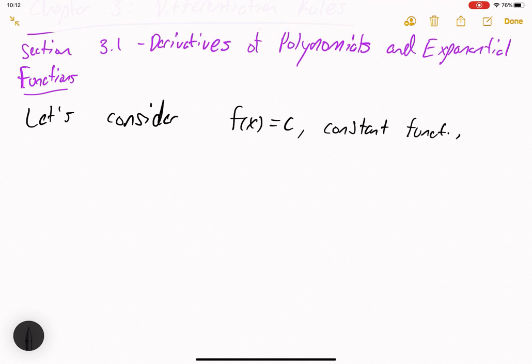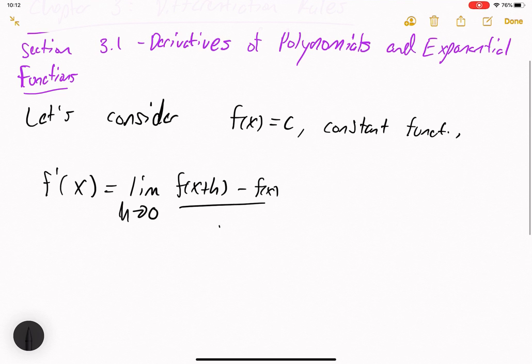If you want to find its derivative, f prime of x, if you remember the definition, it's going to be the limit as h goes to 0 of f of x plus h minus f of x divided by h.